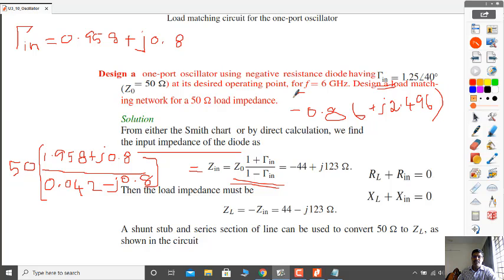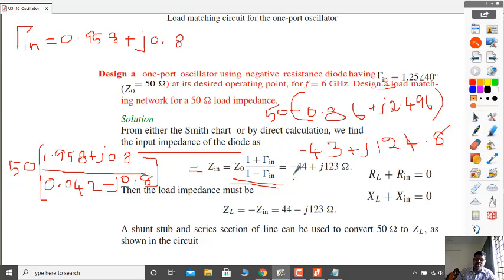Then you multiply with 50. It gives the value minus 43 plus j 124.8.